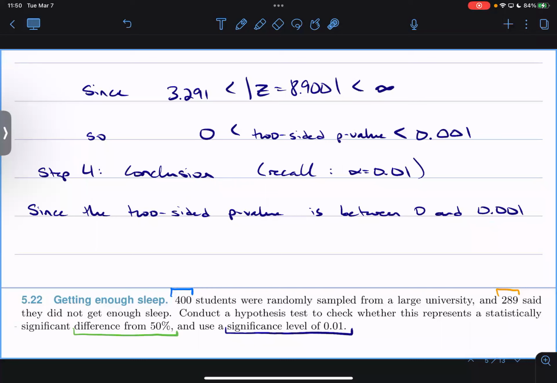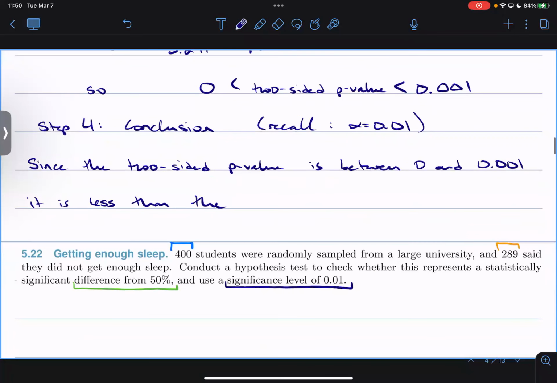It is less than the alpha level of 0.01, which means we have enough evidence to reject H0, right? Because the p-value is so low, which matches that note that we made, right?